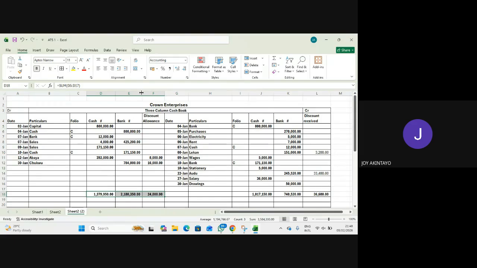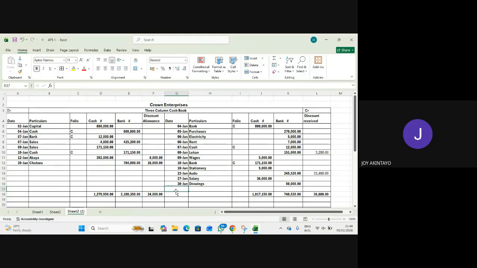The debit side is higher. The credit side is lower.